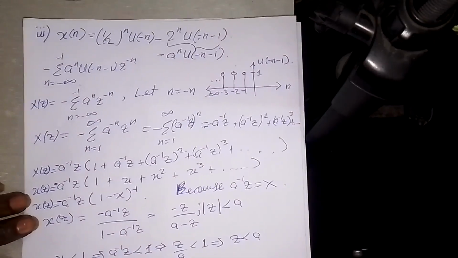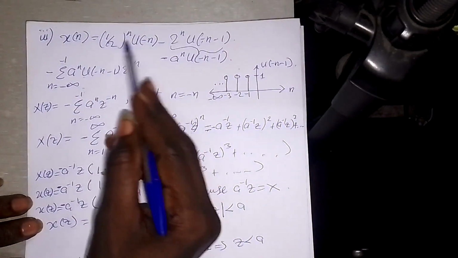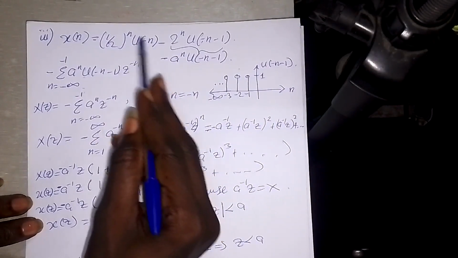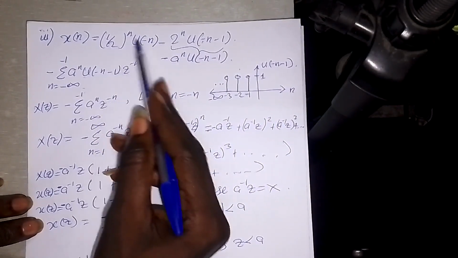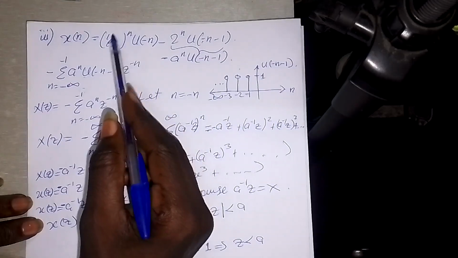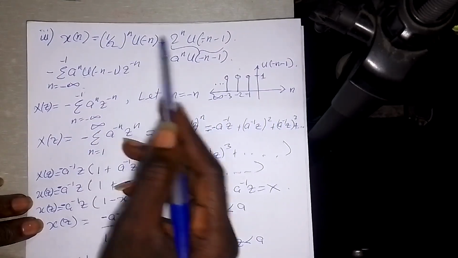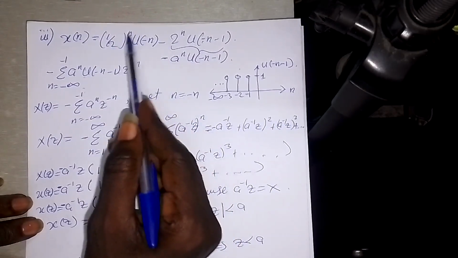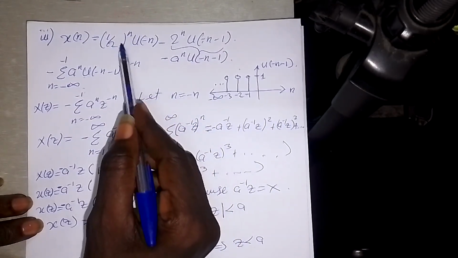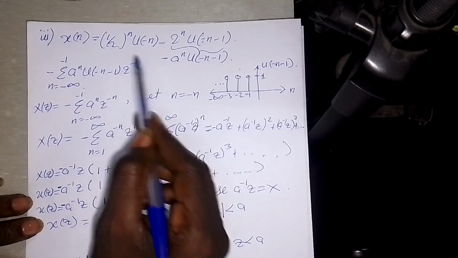To deal with this part, the previous question that we solved was just like this one, whereby we got half over Z minus half. If we simplify, we get 1 over 1 minus 2Z.